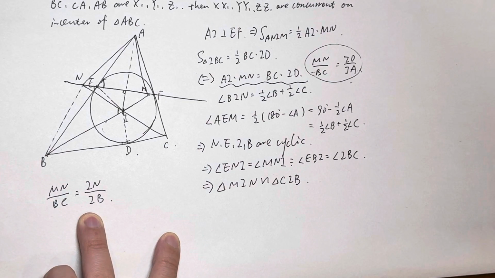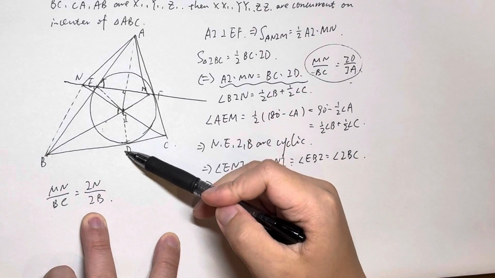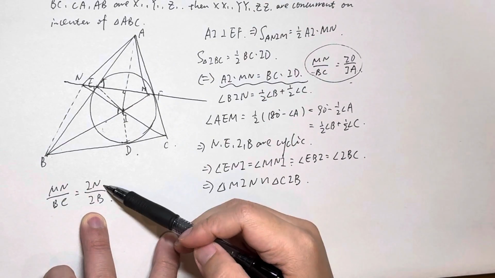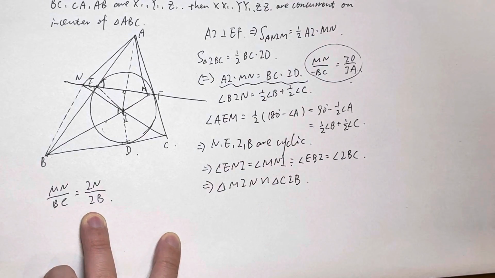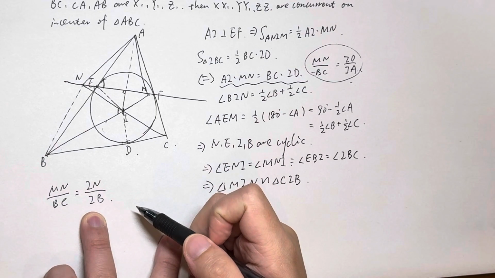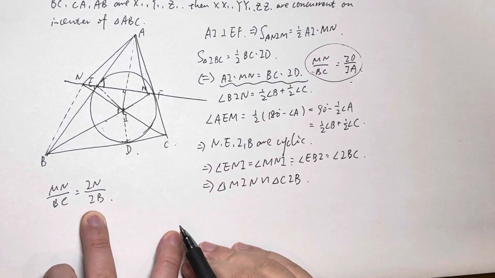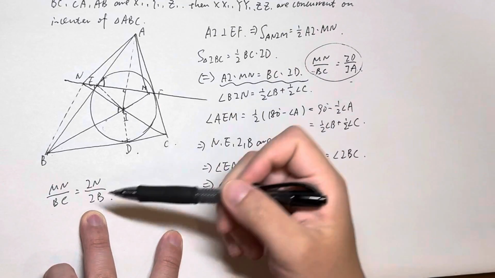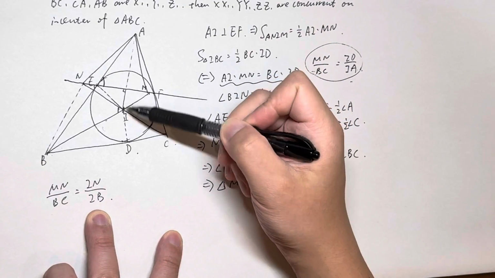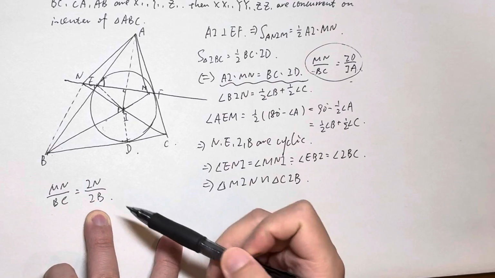So the question is, what is ID to IA and what is IN to IB?